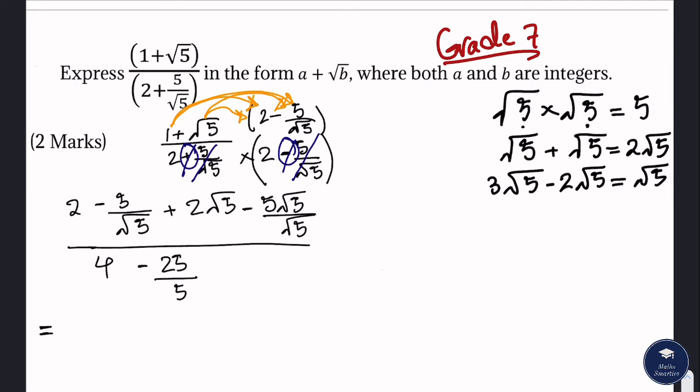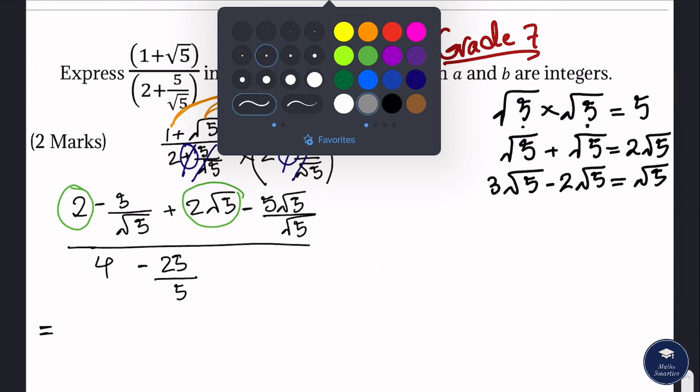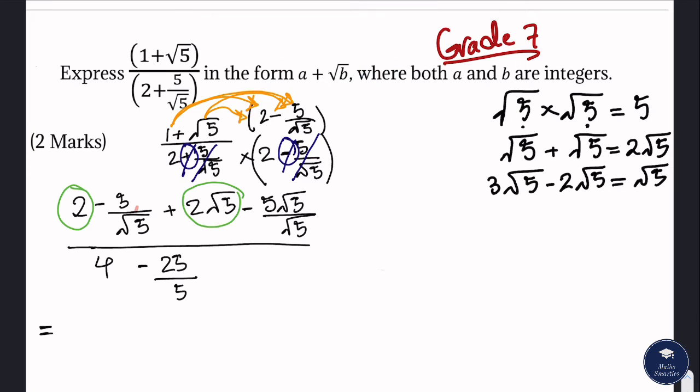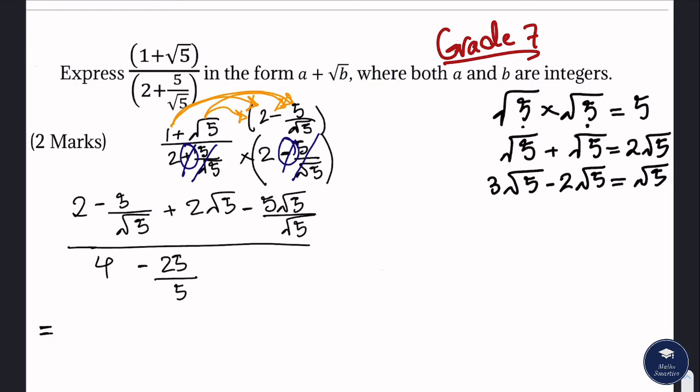So this 2, let me highlight it, this 2 is simplified with this, and this is highlighted with this, so these simplify with each other. Okay, so let's get back and continue.